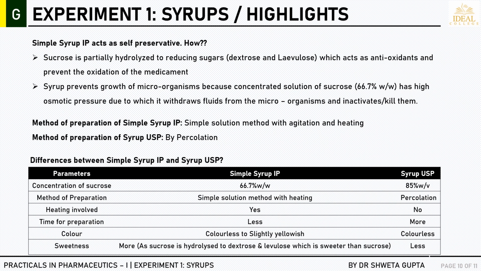If we compare the sweetness, simple syrup IP may be sweeter than syrup USP. It may be because the sucrose is hydrolyzed to dextrose and levulose during the preparation in case of simple syrup IP, and levulose is a type of fructose which is sweeter than sucrose.